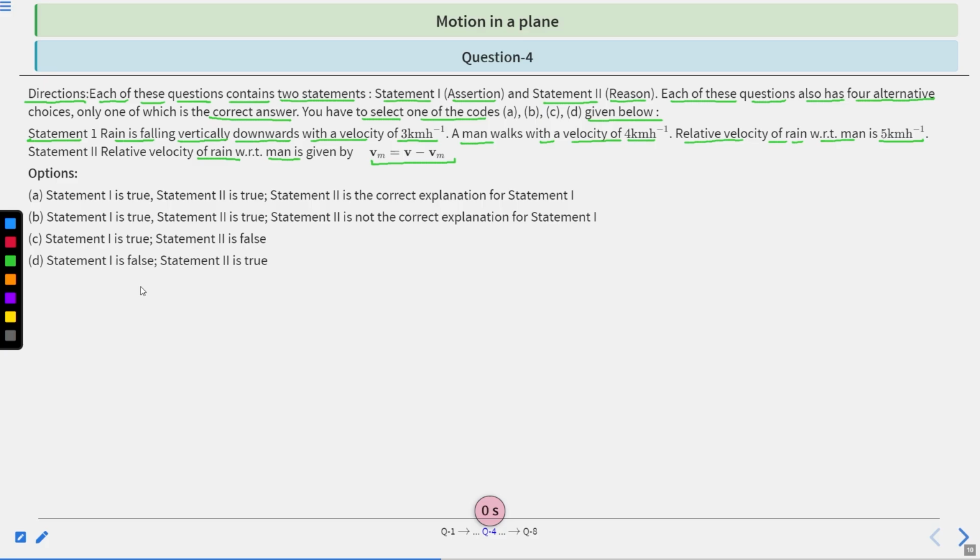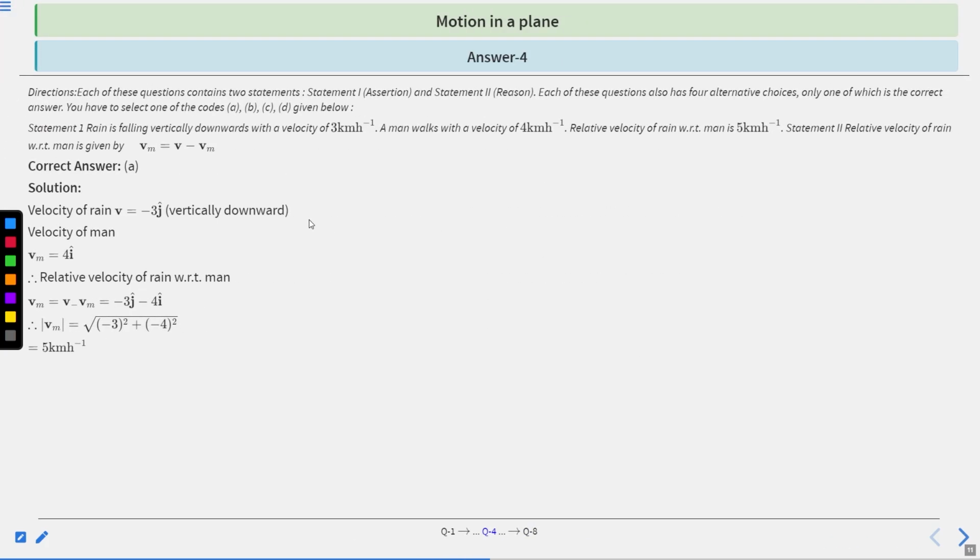Let's find a solution. According to the question, the velocity of rain V equals minus 3 j cap, which is vertically downward, and the velocity of man V_m equals 4 i cap. The relative velocity of rain with respect to man is V minus V_m, which equals minus 3 j cap minus 4 i cap.